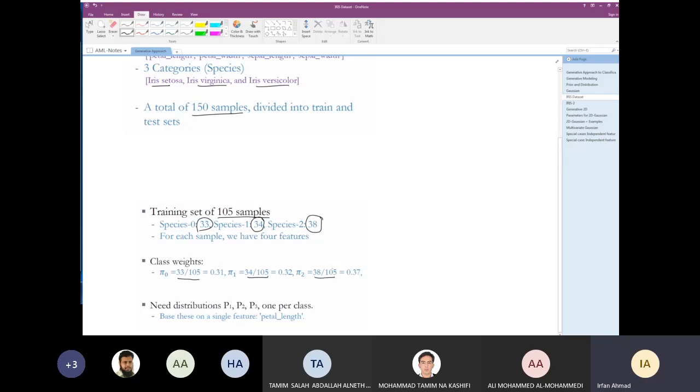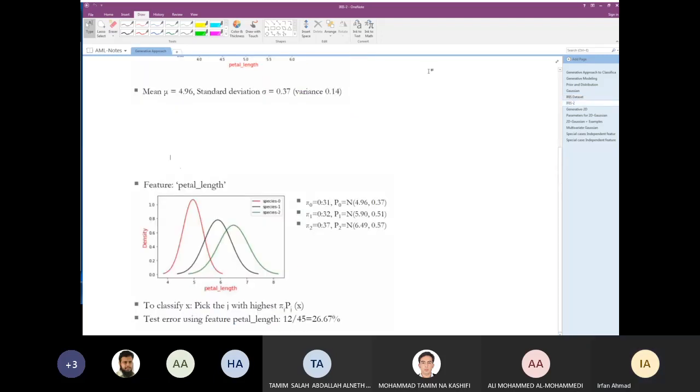Now let's assume we are going to do the classification using only a single feature, which is petal length. So we are going to use the petal length as a feature to fit a normal distribution. This is what we get. This is the petal length, and this is the likelihood based on the training samples.